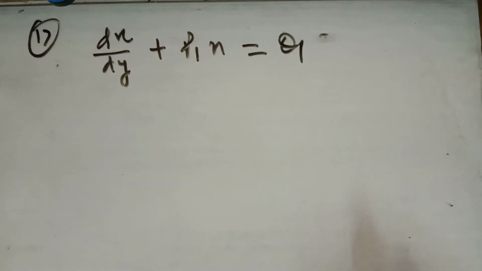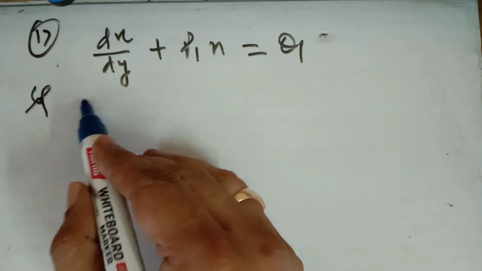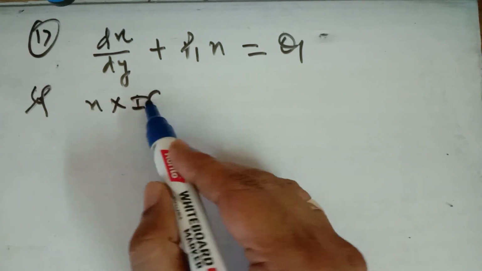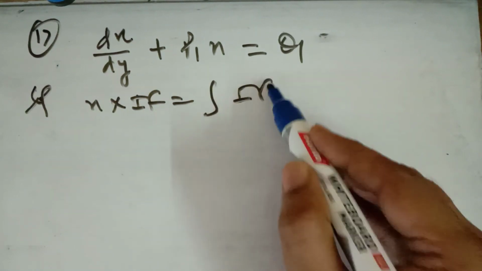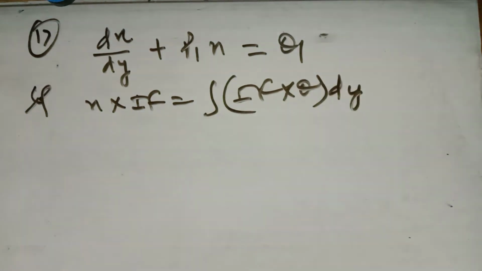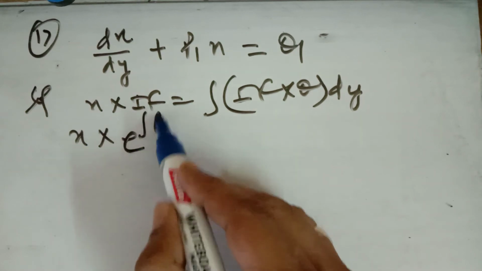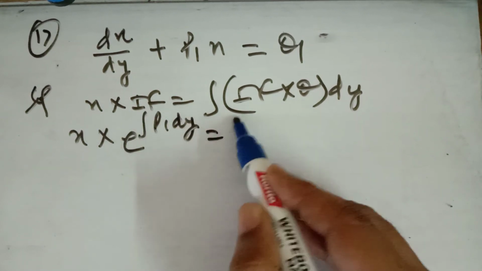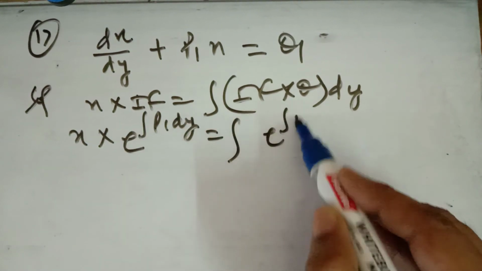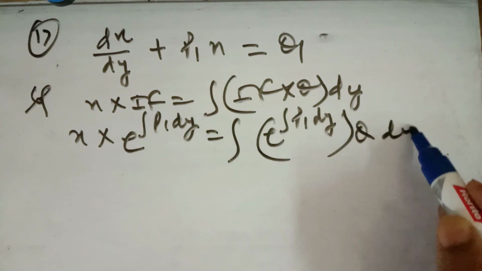The solution of a linear differential equation of the second type, you know, is x into integrating factor is equal to the integral of integrating factor into q with respect to y. The integrating factor of the second type is e to the power integral of p1 with respect to y.